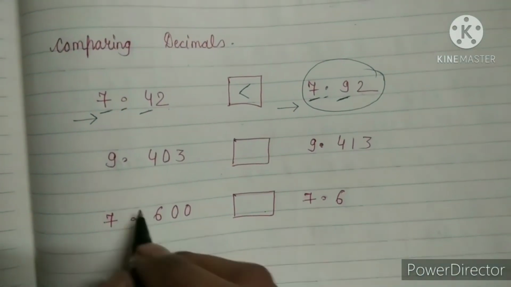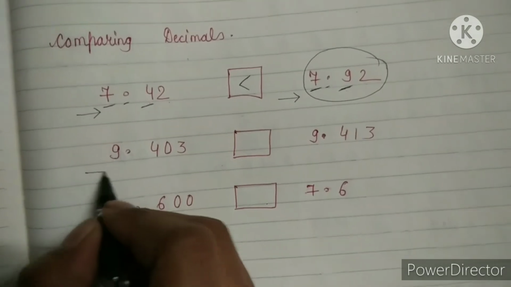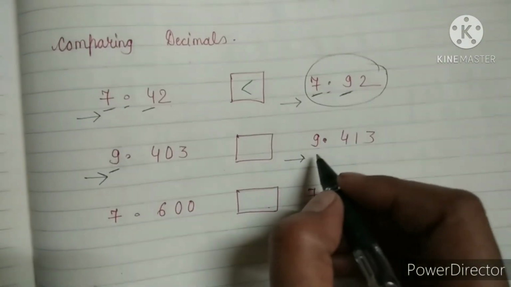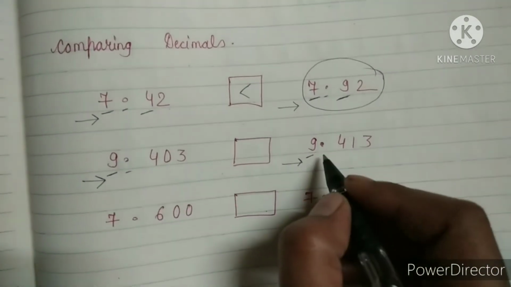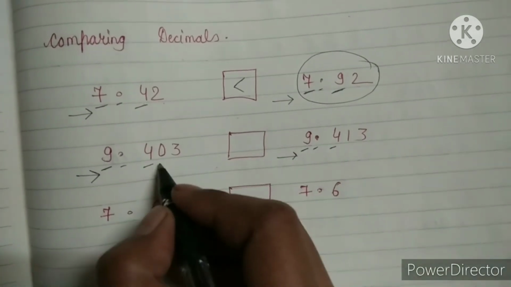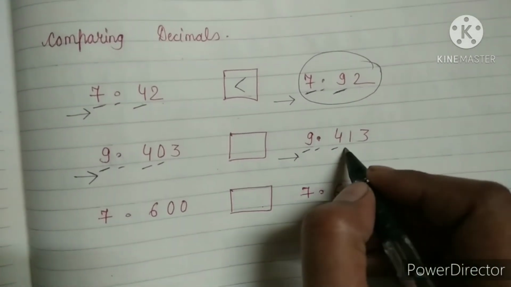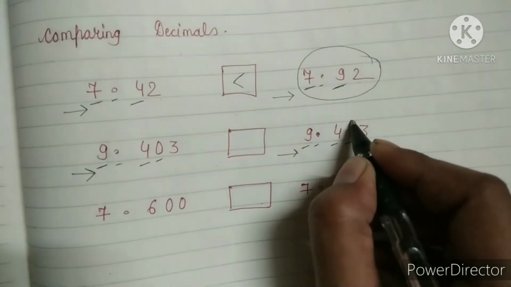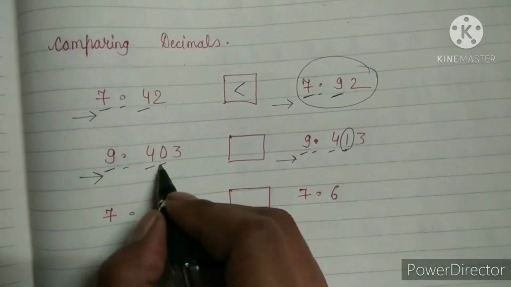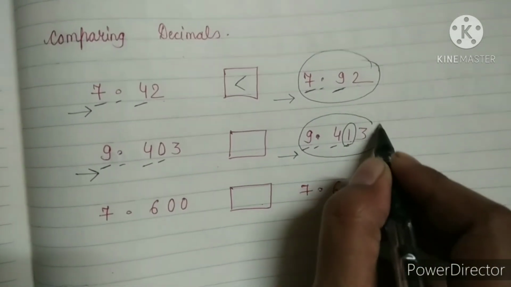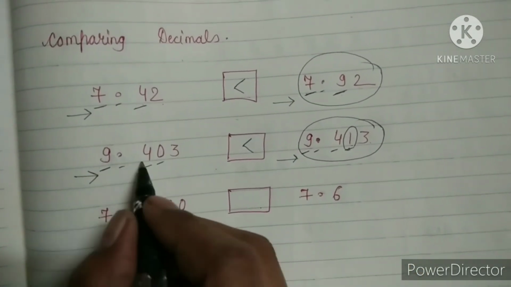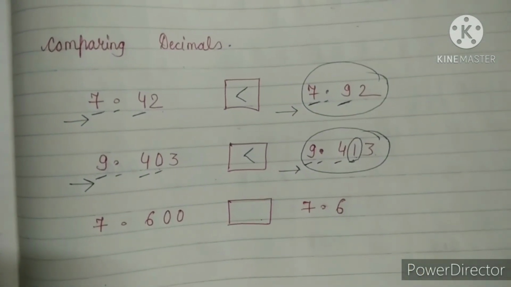Now the second one, we have to start from the left. Here we have 9, here we have 9. Decimal, decimal. 4 and 4. Now here we have 0 and here we have 1. Because of this 1, we can say 1 is greater than 0. It means 9.413 is greater than 9.403.